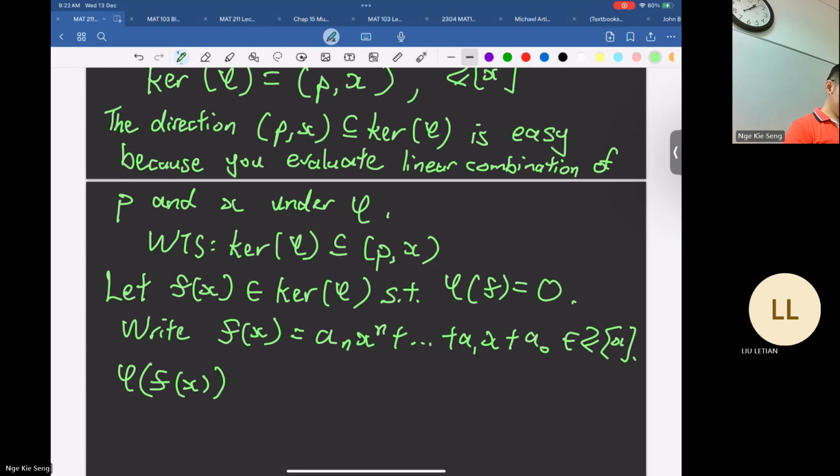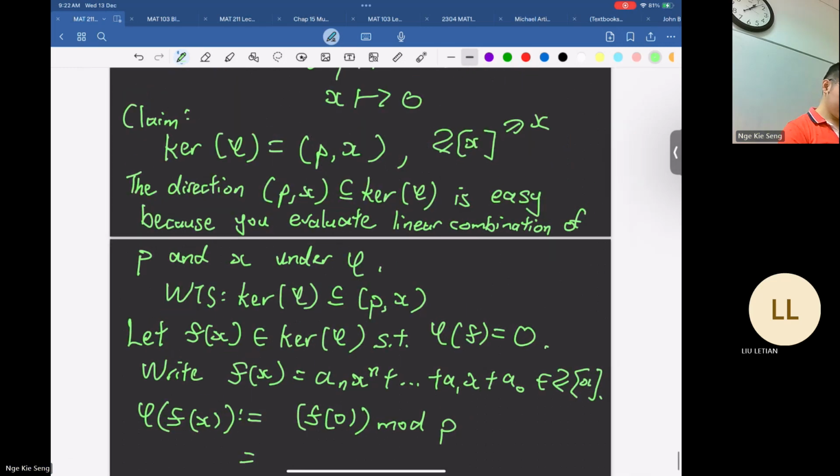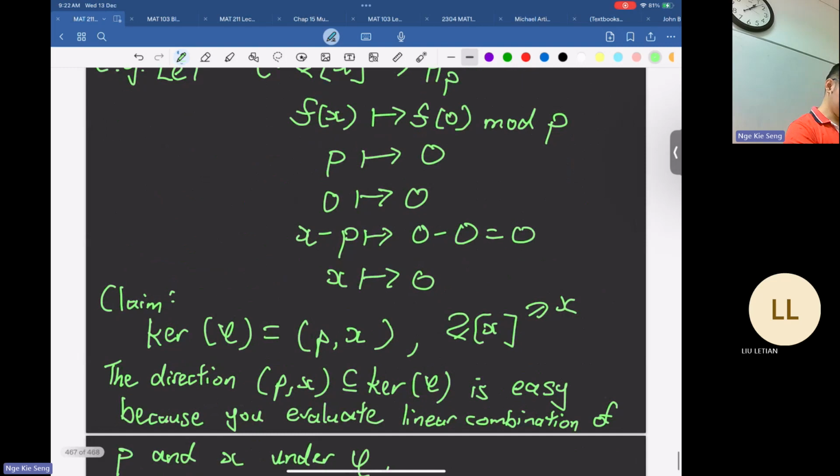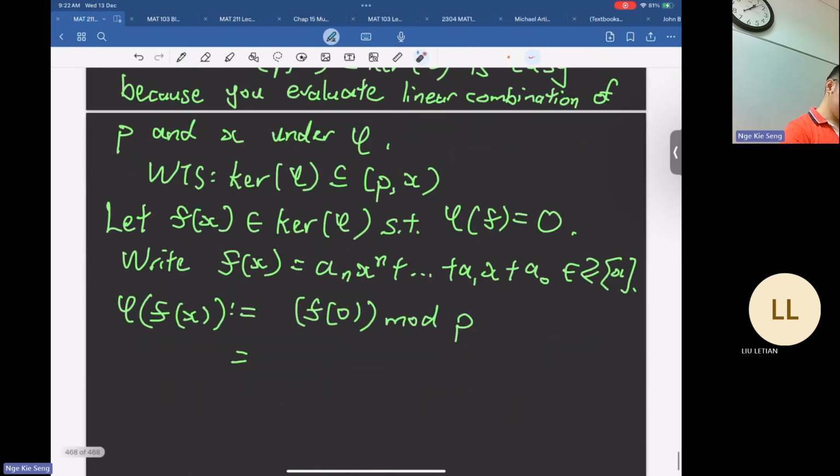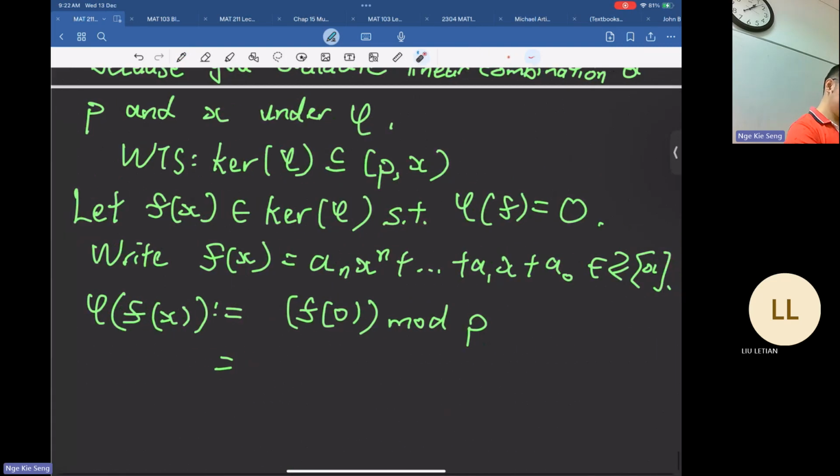But first you need to look at f(0), right? So you need to get f(0) mod p. This is my definition. So what is f(0) here? a0, correct? a0 mod p.